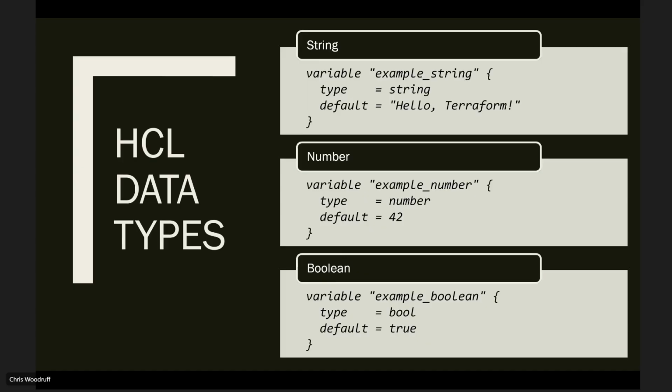You have to give it a name, you have to give it a type, and you have to give it a default. Sometimes you don't have to give it a description if you don't want to, but if you do, that will probably help out when other people are reading your HCL after you leave a project or leave a company or something, so it's polite to put some descriptions in.